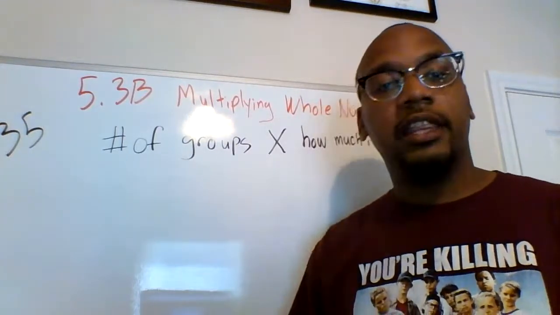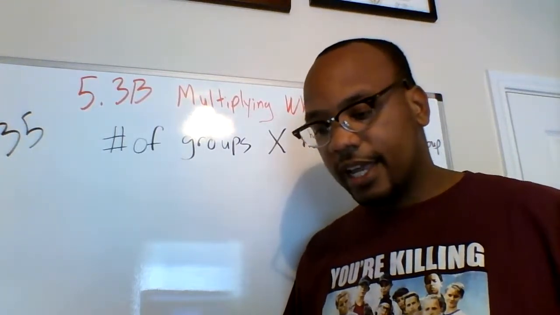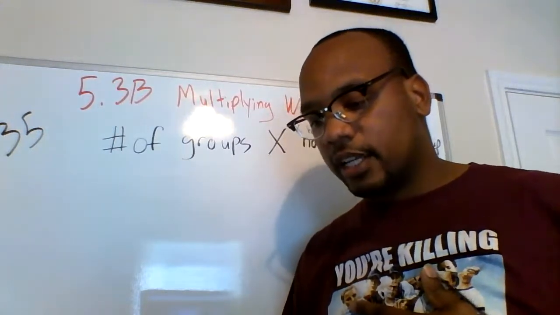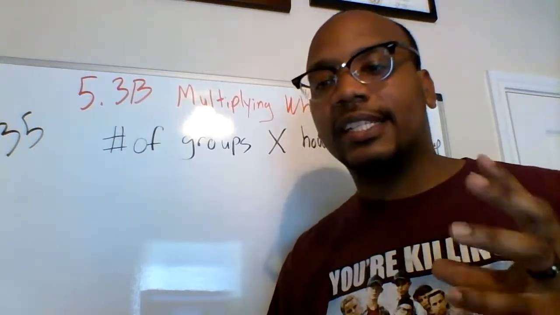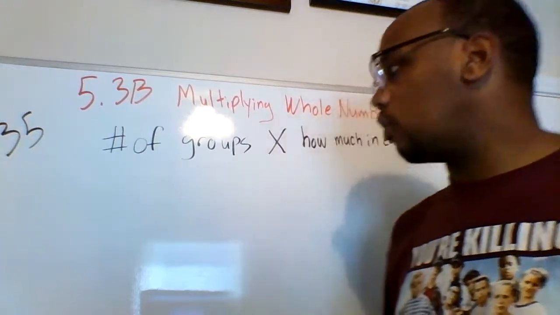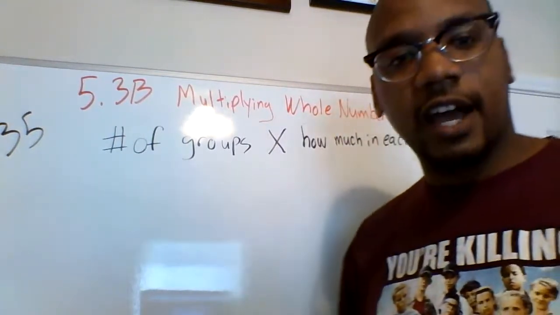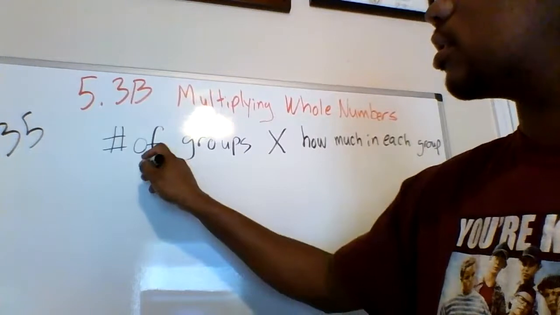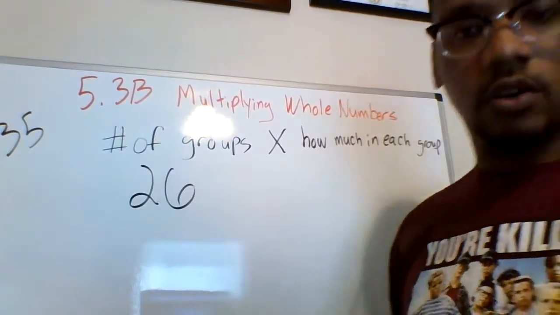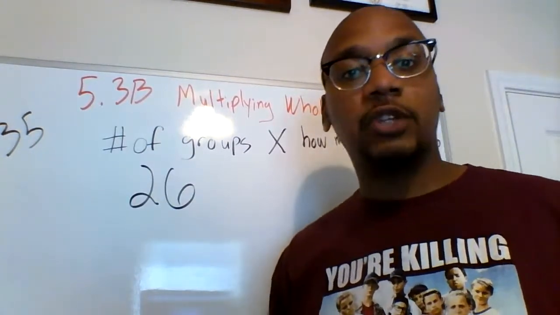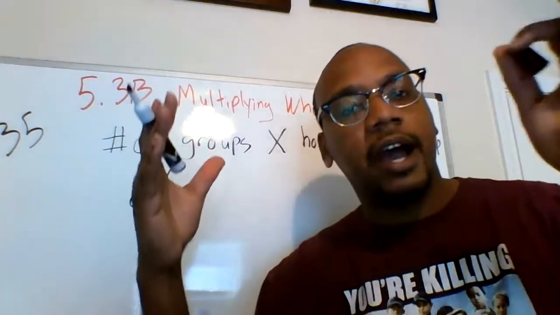For example, in this problem, it says that they are replacing the ceiling tiles in 26 classrooms. So how many groups of tiles do you have? You have 26 groups, because there's 26 classrooms and each class has a group of tiles.